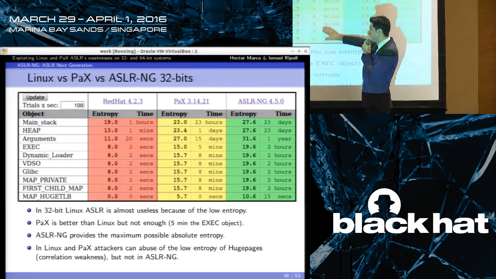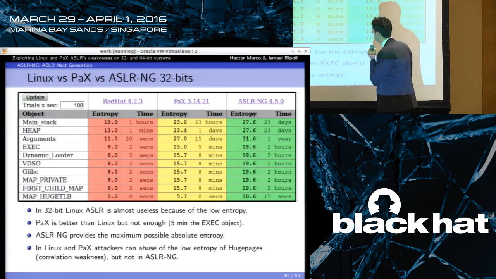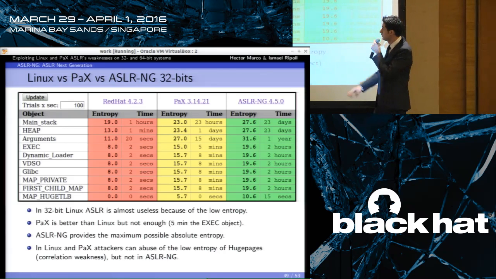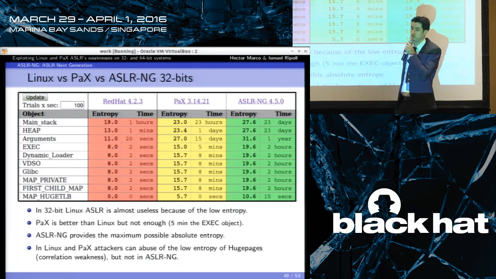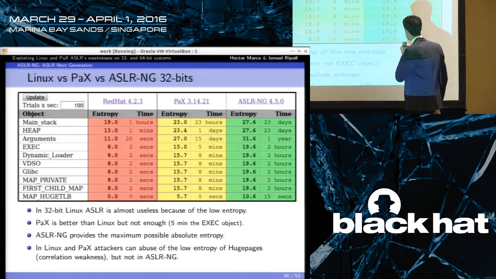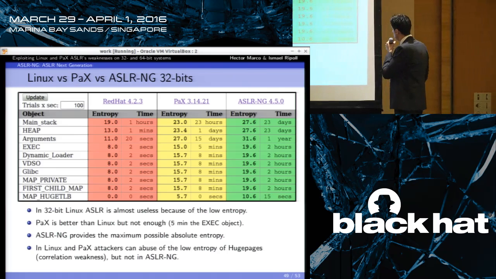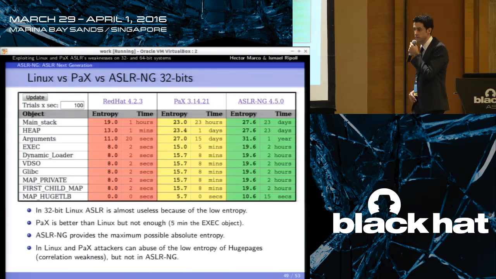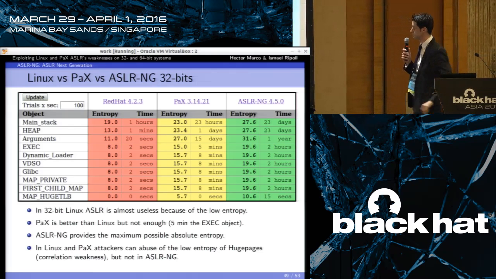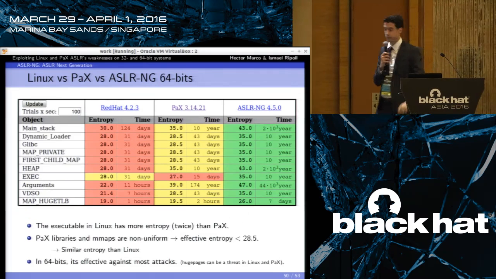We can say also that PaX is better than Linux, but not by much, because, for instance, the executable has only 15 bits, which can be brute forced in 5 minutes. Okay? Using ASLR-NG it takes around 2 hours to do the same attack.